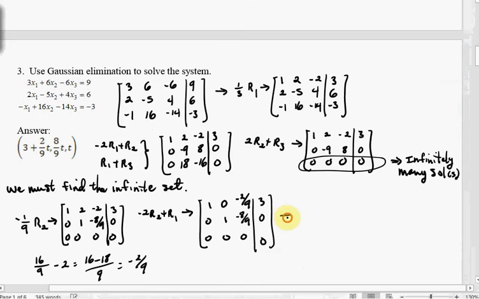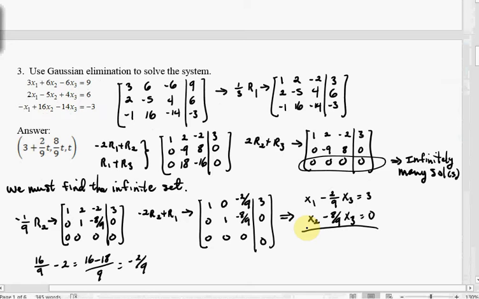Now, if you didn't get that, it's okay. Let's just rewrite this matrix as a system. This is x sub 1 minus 2 over 9 x sub 3 is equal to 3. Then the next equation is x sub 2 minus 8 over 9 x sub 3 is equal to 0. That's all we got.